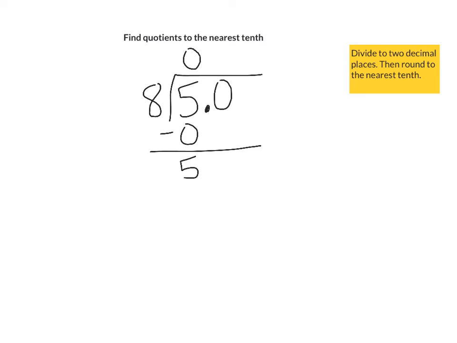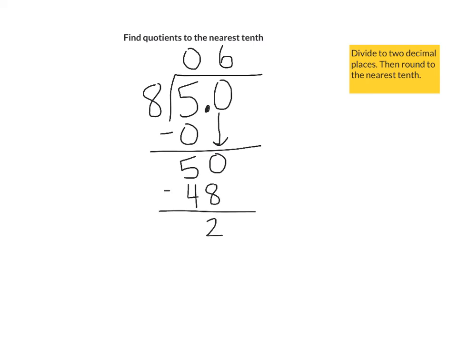So we're going to add in our decimal point there so that we know that we moved over to the tenths place. So we have 50 tenths divided by 8, which is equal to 6. 6 tenths times 8 is equal to 48 tenths.